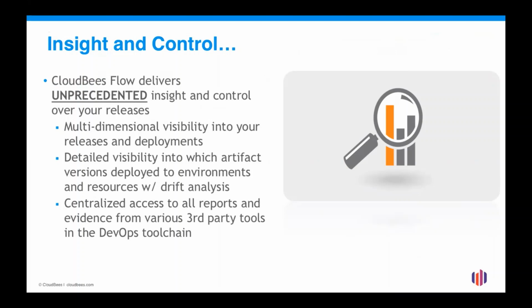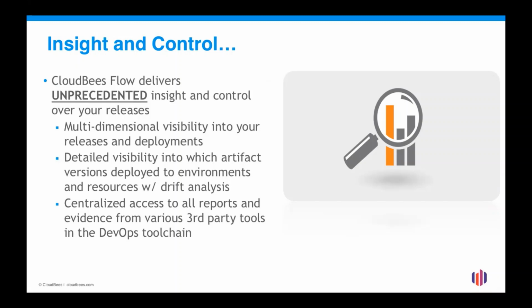So after starting fast and adapt, a characteristic that may be obvious since we are talking about application release orchestration, but the insight and control over the releases. Okay, so insight and control, visibility, complete visibility into the deployments and into the releases.